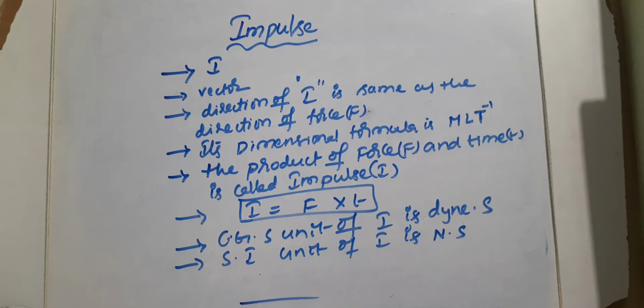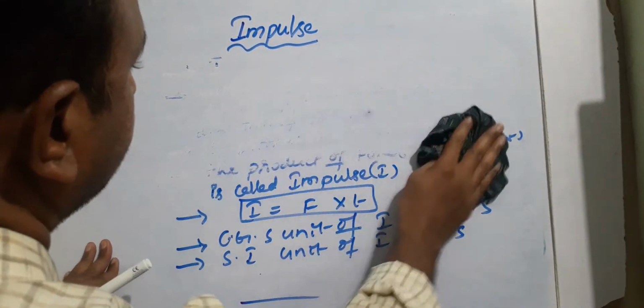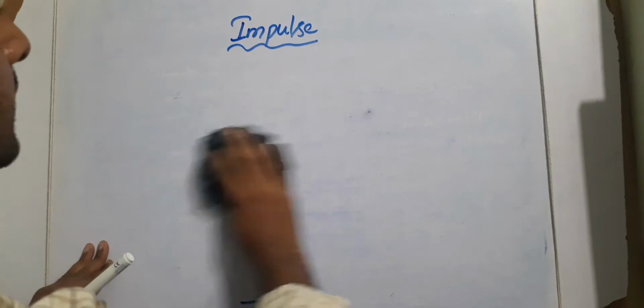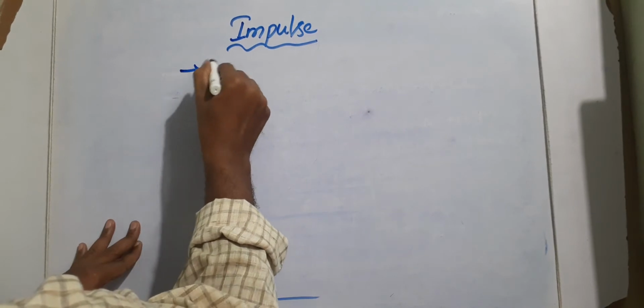CGS unit of impulse is dyne second. Now the force of the impulse is called impulsive force. So the force present in the impulse is an impulsive force.